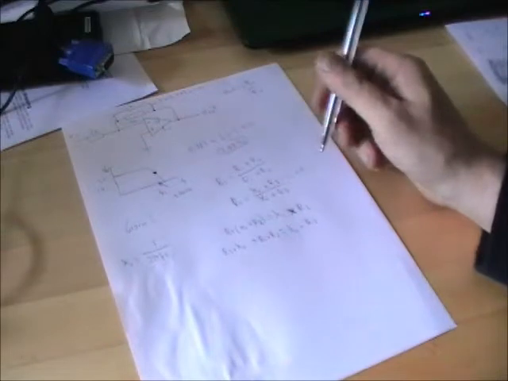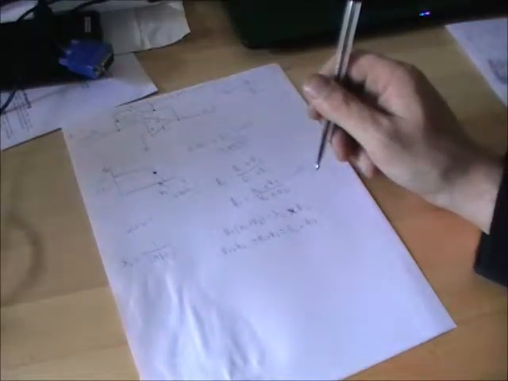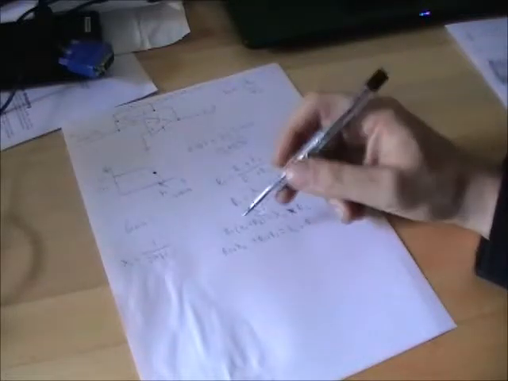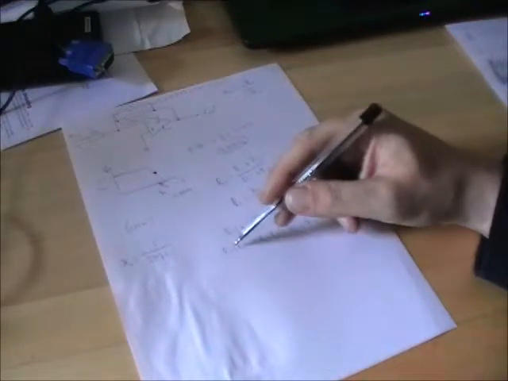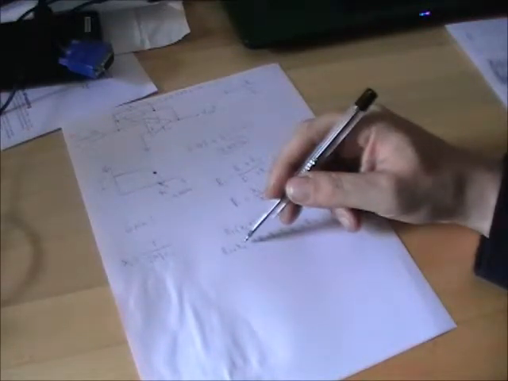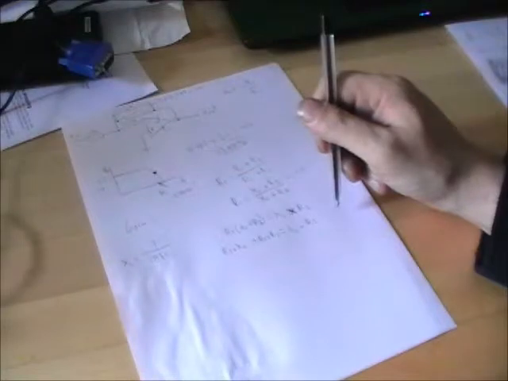Okay, I need to get both XCs onto one side. So I just subtract RT times XC from both sides. Let's do that.